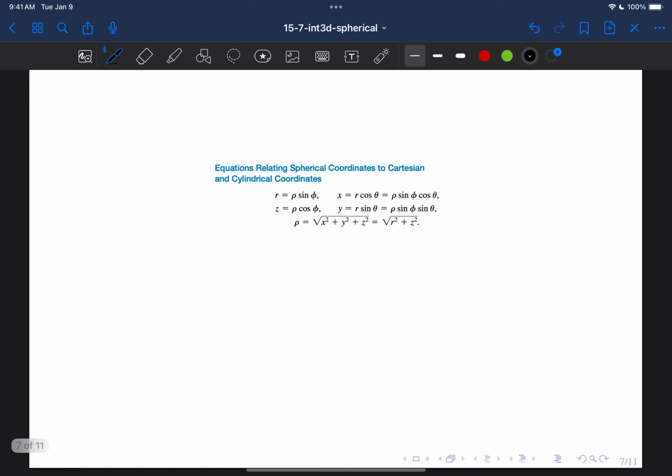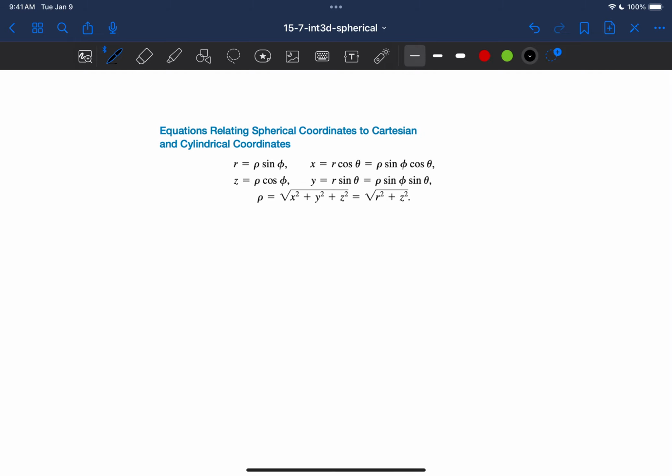And let's look at what it says. So we have r equals rho sine phi, and x is r cosine theta, which is rho sine phi cosine theta, and y is rho sine phi sine theta, and z is rho cosine phi. All right. Now the question is again, what is the Jacobian?